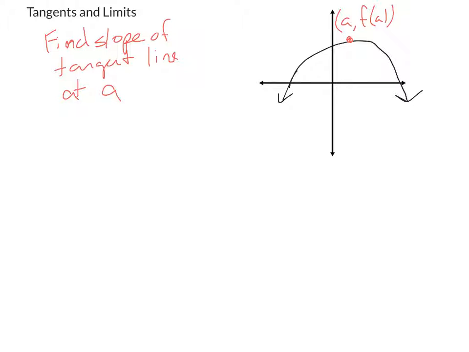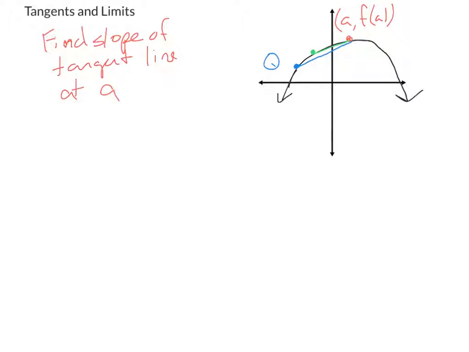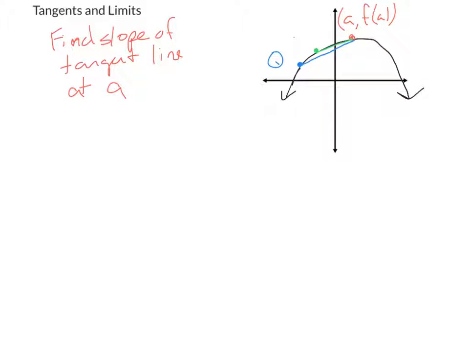So what we did in the previous sections is we drew a bunch of secant lines. I'll call this Q, and we found the slope of this, and then here's another one, I'll call this Q, and then we drew another one, and I'll call this Q as well.